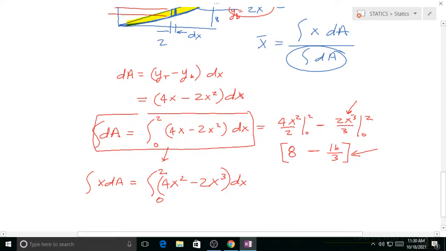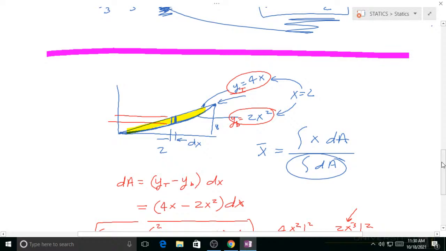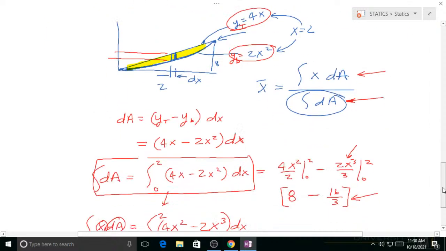So you have to put an x in each part, because essentially it's just x times d area, and this was just d area. That's the reason I wanted to start with that one. In the first part of the lecture I goofed and did the top one. So I always want to start here. Once I complete it, I can just slip an x in there and I got the top part on top.